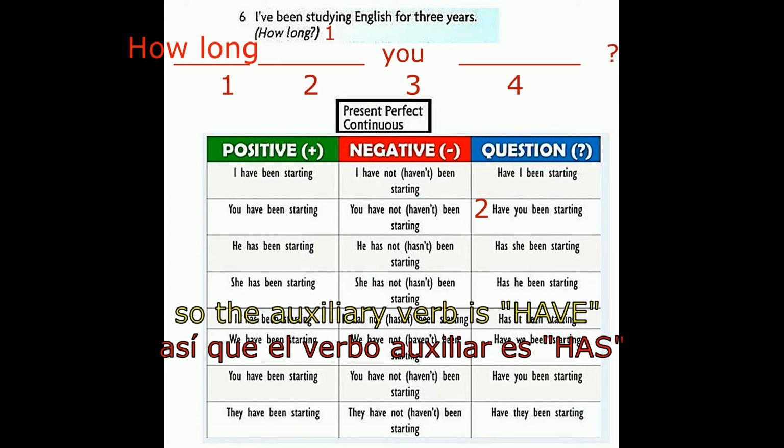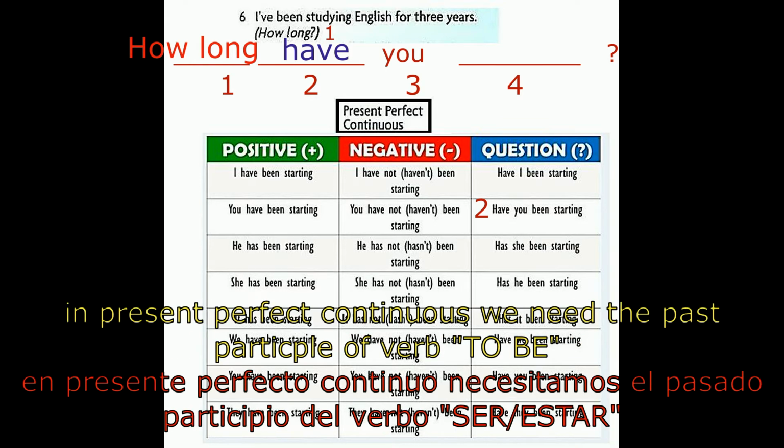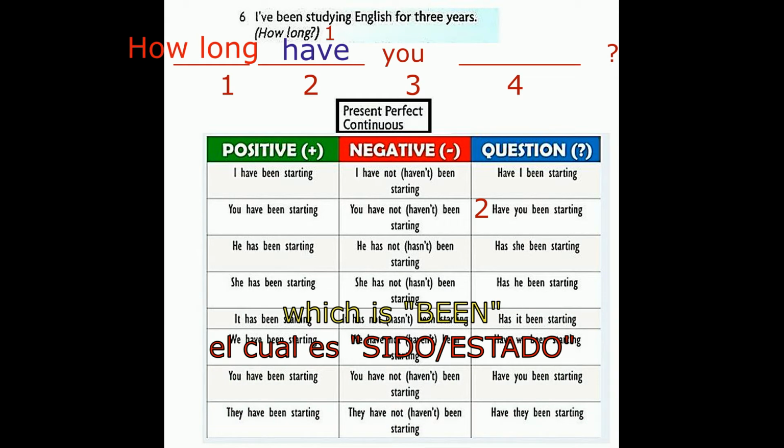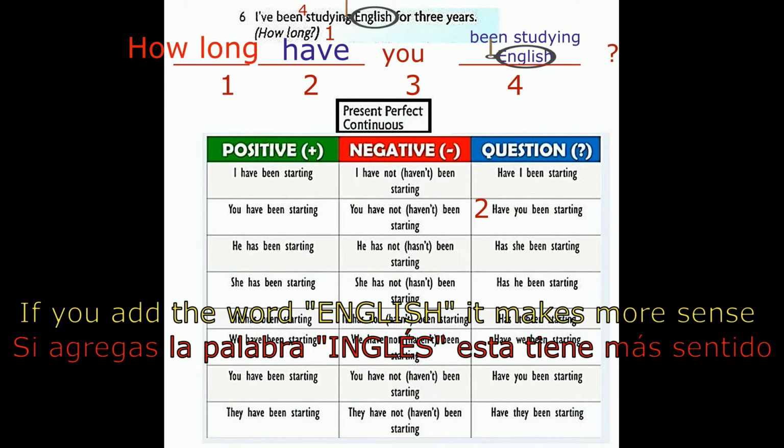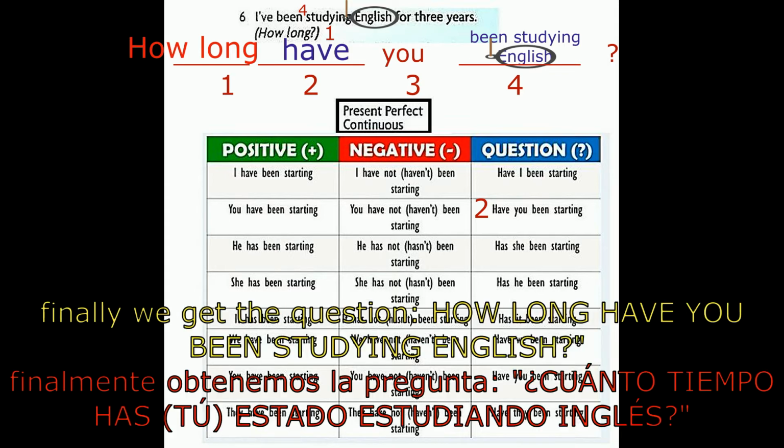So the auxiliary verb is have. In present perfect continuous, we need the past participle of the verb to be, which is been, and a verb in present participle, which is studying. If you add the word English, it makes more sense. Finally, we get the question, how long have you been studying English?